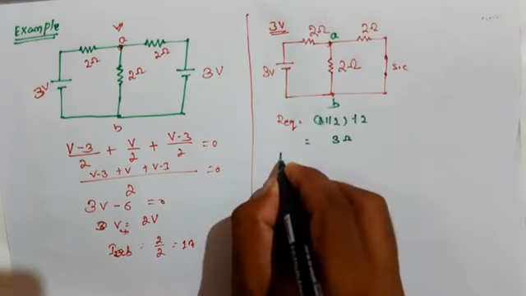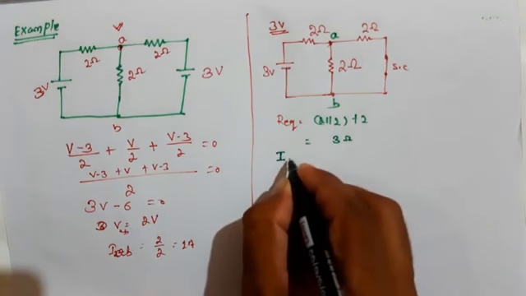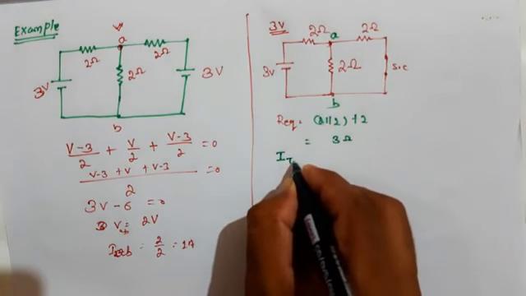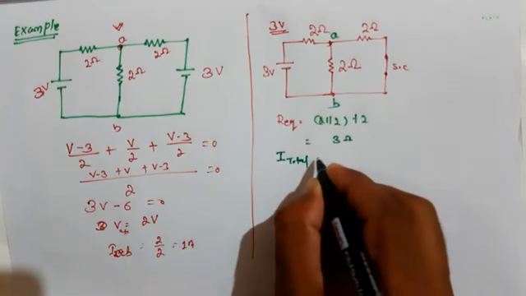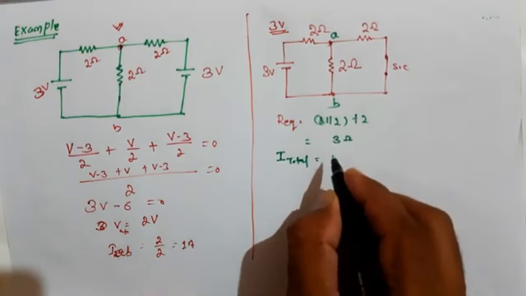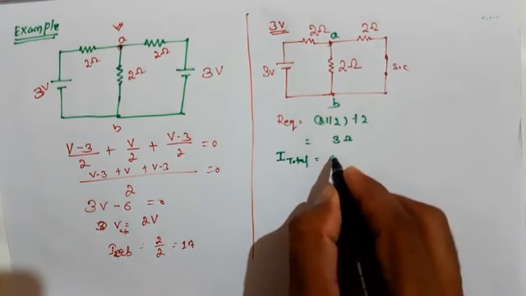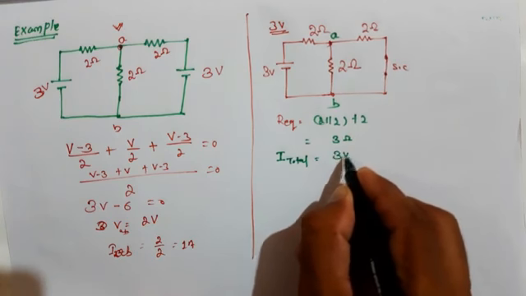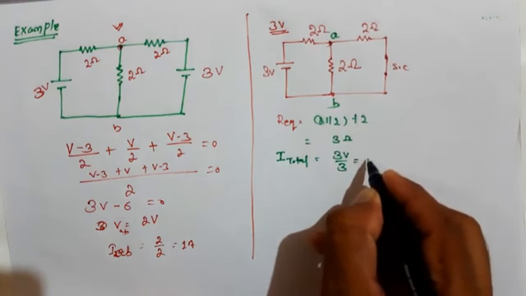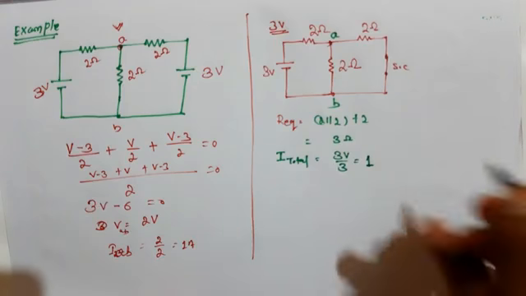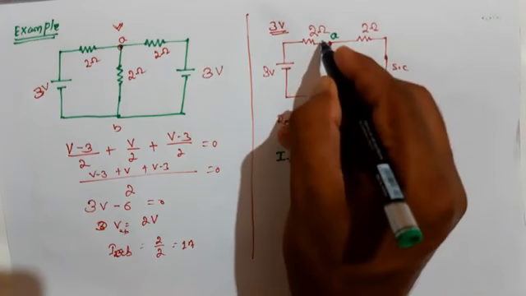The total current I total is 3 volt divided by 3, this is 1 ampere.